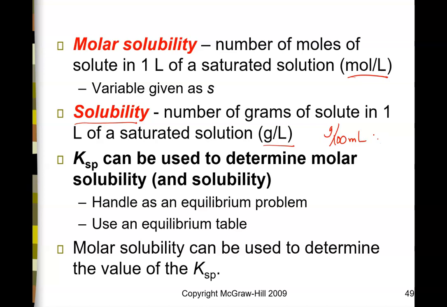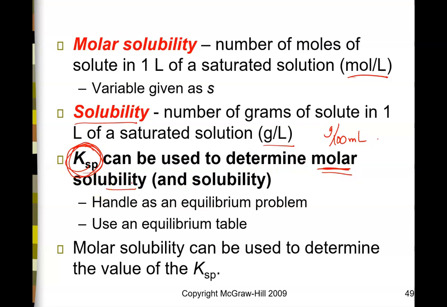When we're talking about KSPs, they are calculated using molar solubility, so those constants would be different if you were using different units. So we're using moles per liter. And one thing that's important to recognize is that you can just as equally use molar solubility to determine the KSP. You can also use the KSP to determine molar solubility.